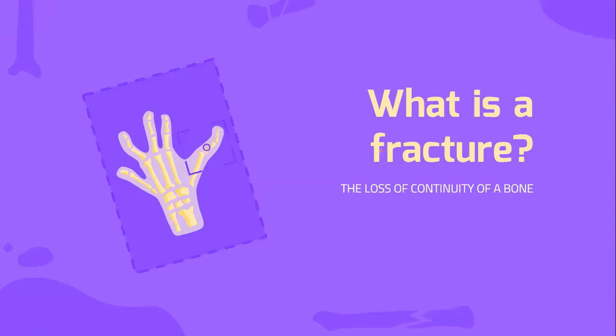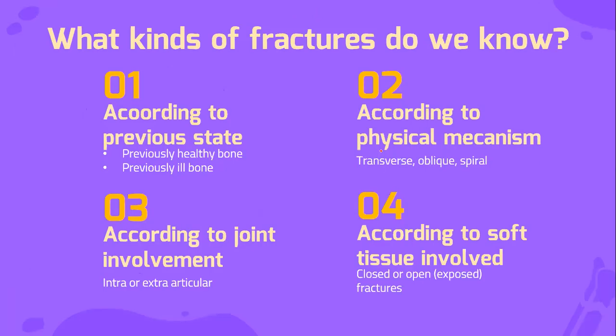So let's get into the fracture thing. What is a fracture? It is just the loss of continuity of a bone, as you might have already read. If anybody already had the subject of orthopedics, there are a lot, and I mean a lot, of classifications of fractures.